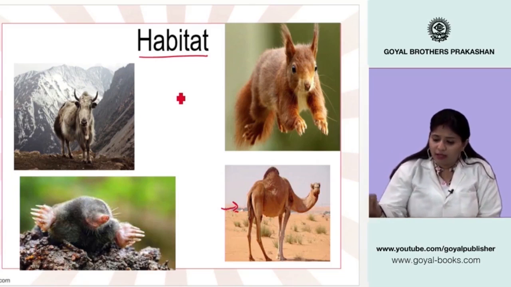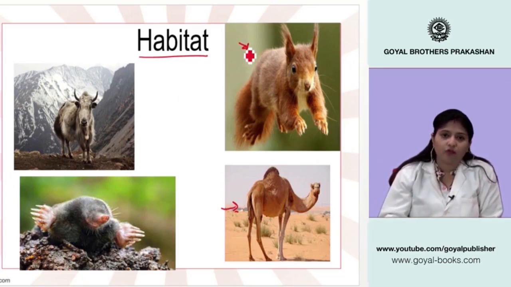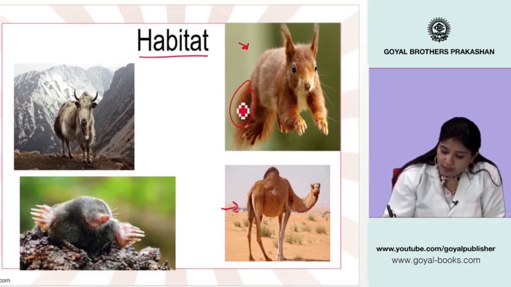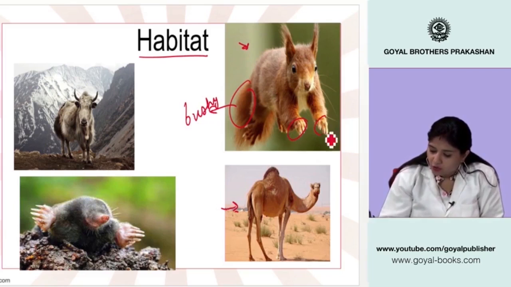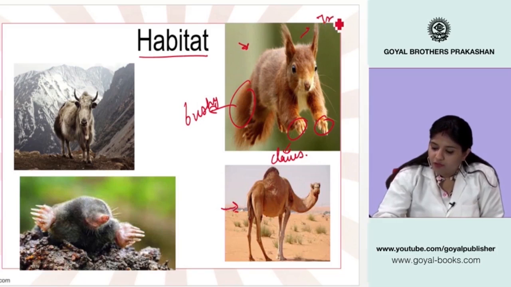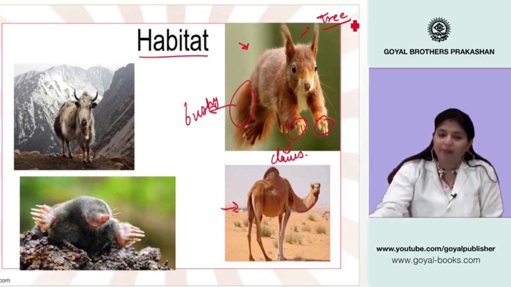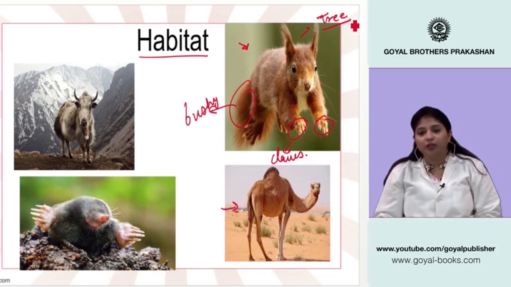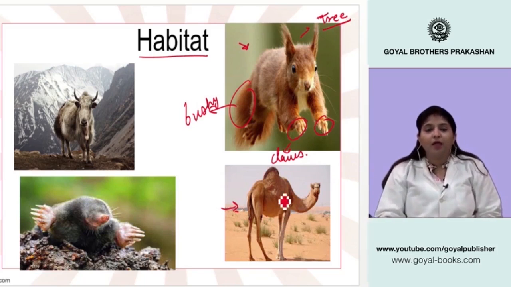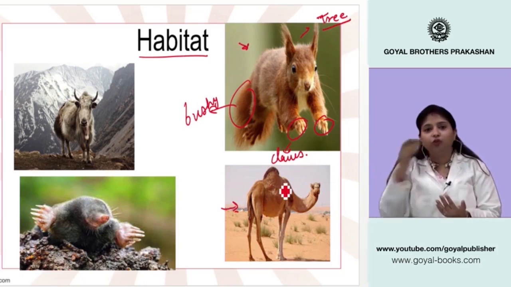So in this way we see different animals, for example squirrels. Now squirrels have a bushy tail, right? And they have curved claws. Why curved claws? Because they stay where? They stay in the tree. So for maintaining the grip on the tree they have curved claws, and they jump from one tree to another.